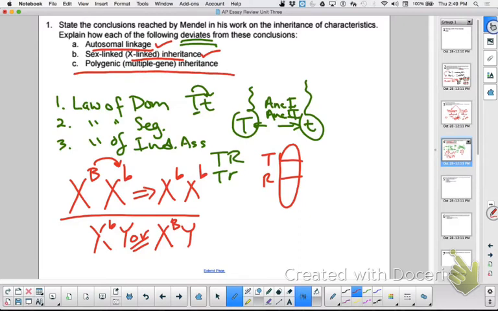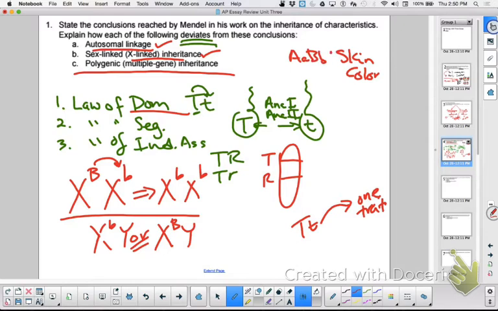On all of these, we're saying one set of alleles codes for that one trait that we have. But polygenic is not straight up dominance, because in a polygenic trait, poly means what? Many. So for instance, for our skin color, there could be a combination of A's and B's and C's.